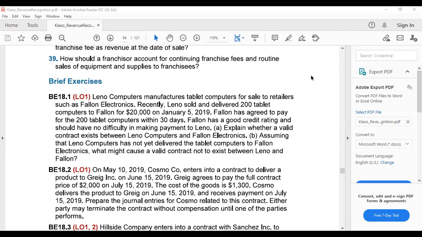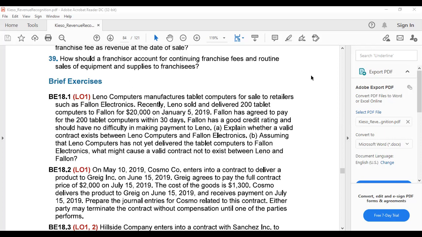So in this case, we have to identify first the rights of the parties. Fallon has the right to the computers and Lino has the right to payment because Lino is the seller. And then number 4, allocate. There's no other transaction here, except for the delivery of the computers.